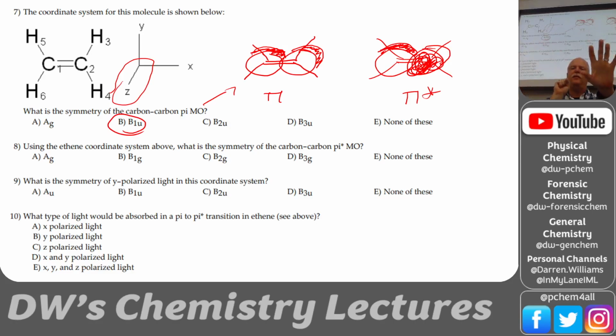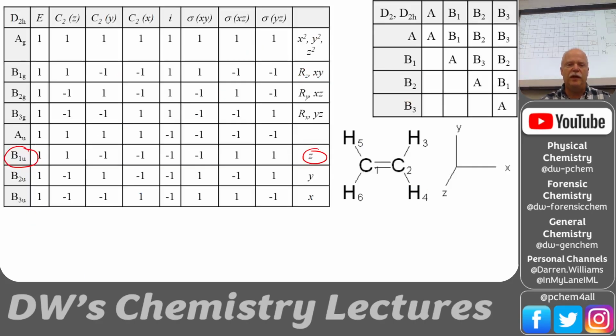So if you look at it, see how my hands, if it's like here, it's like small and big, it's going left and right, but it's also going forward and back. So left and right is x, forward and back is z, so it's x times z. So we go find xz right here, B2G.